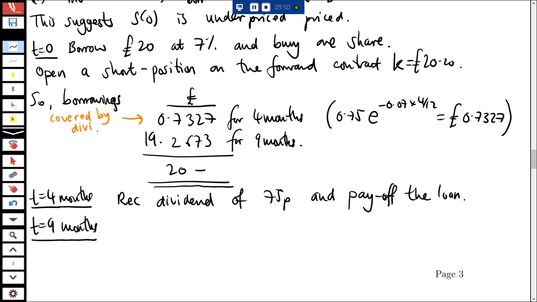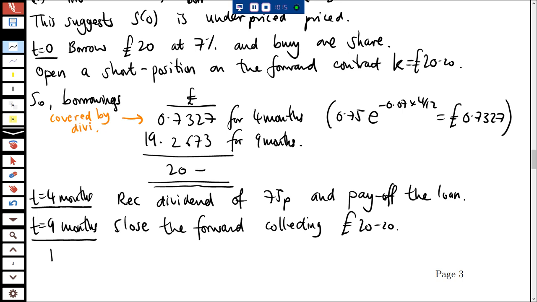How about the actions at 9 months? So the forward contract has come to a conclusion. So we're going to close the forward, collecting the £20 and 20 pence. Next, we need to repay the remaining part of the loan.